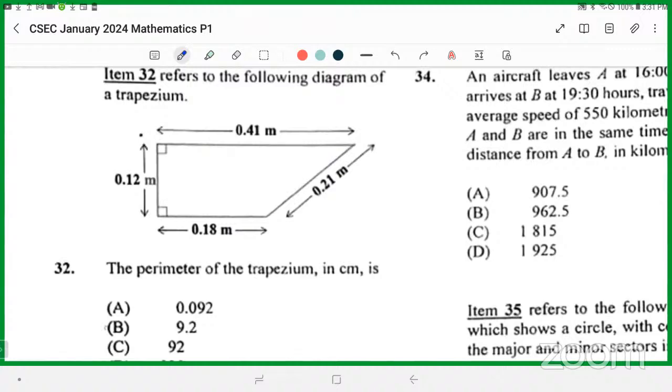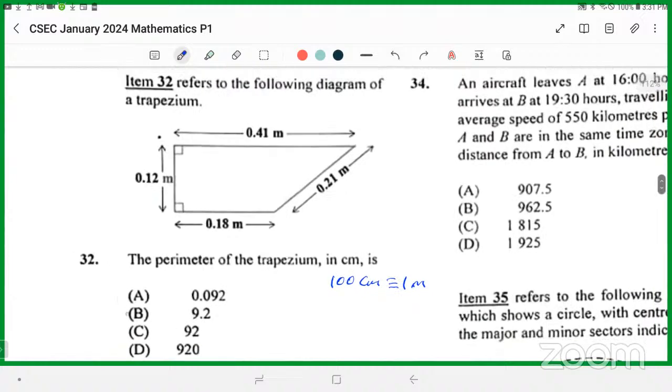Remember, 100 centimeters is equivalent to 1 meter. So to get these values into centimeters, we just move the decimal point 2 places to the right. So we can add them up.